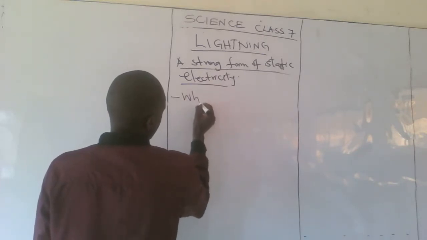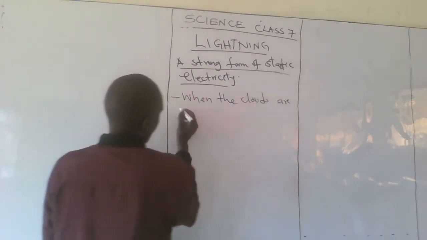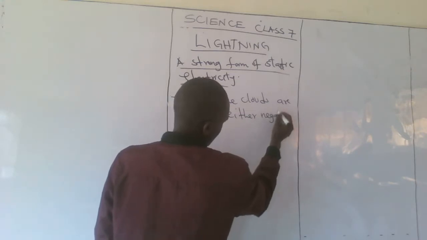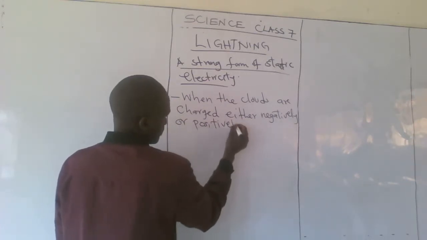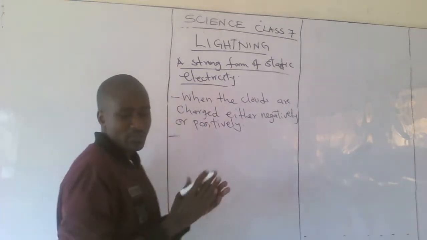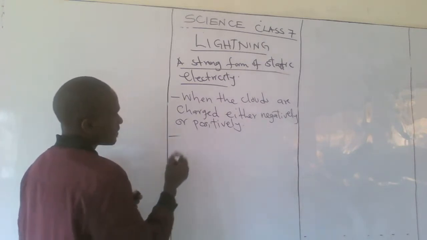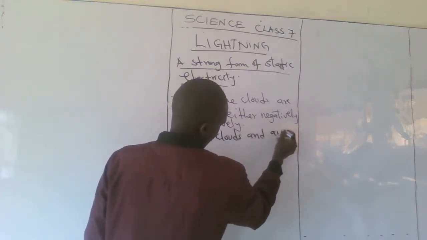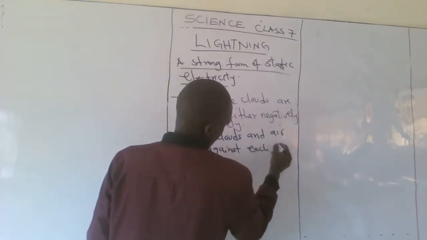So when the clouds are charged either negatively or positively, this happens when rubbing takes place, when clouds and air rub against each other.